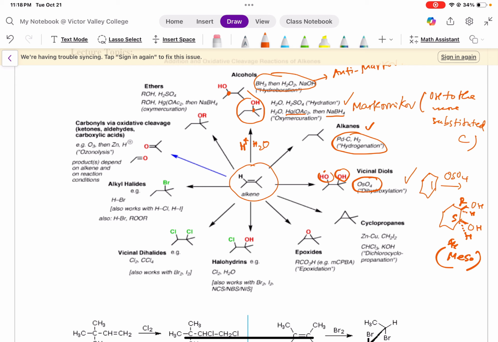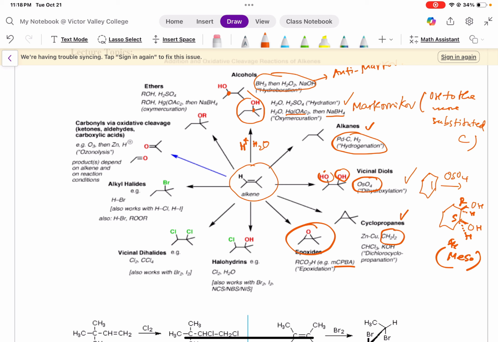All right. Now if you do a cyclopropanation, you use CH2I2 with zinc and copper alloy, and you get the cyclopropane ring. If you use mCPBA, that's meta-chloroperbenzoic acid, a very popular epoxidation reagent, you get an epoxide.